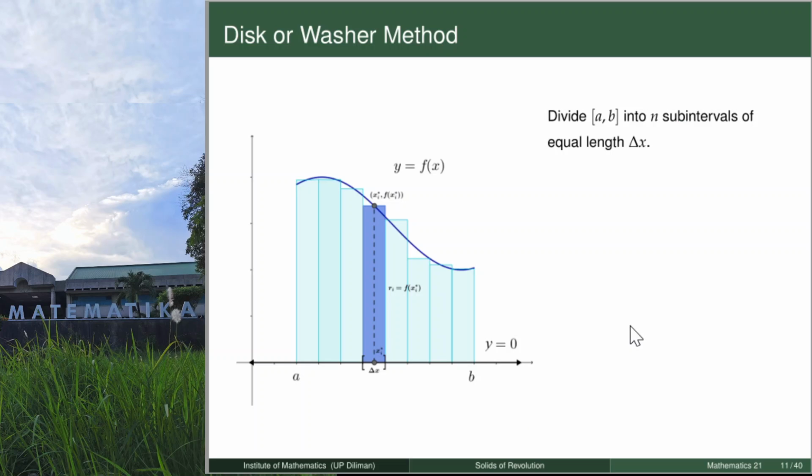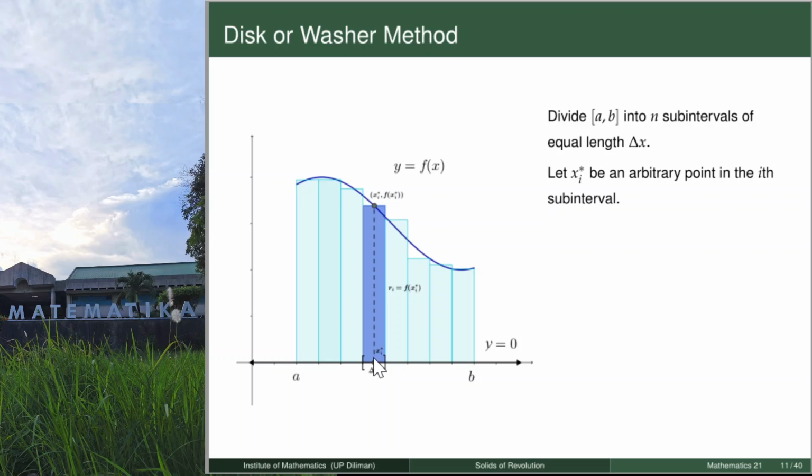First, we divide our interval AB into n subintervals of equal length delta x, here. Then, we will choose an arbitrary point in the ith subinterval. Let's say this is the ith subinterval, and we will choose an arbitrary point. Let's call this xi star.